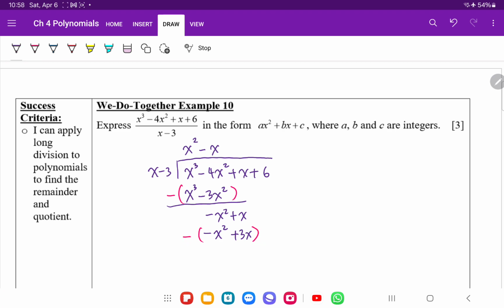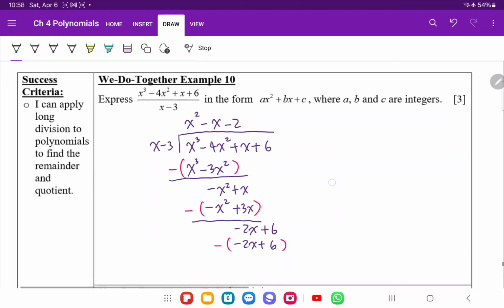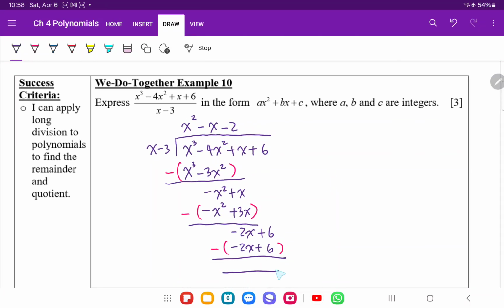Close bracket. X minus 3x, that will be a negative 2x. Bring down the positive 6. To get a negative 2x, I must have a negative 2. So negative 2x plus 6. And it so happens that for this particular question, if you do the long division, you are going to end up with a remainder 0.